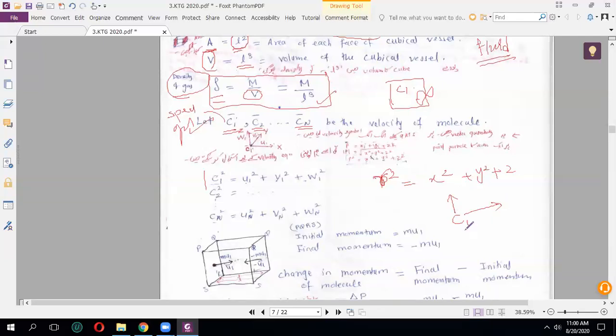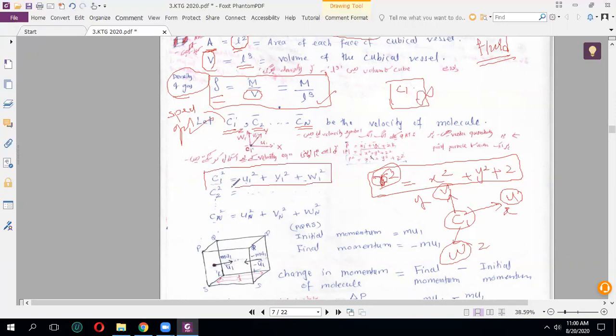The y direction, x direction, and z direction. That is why we use this distance formula. Suppose this r is my C, and each direction is my x-axis, y-axis, and z-axis. Now the x-axis we represent by the symbol u, the y-axis by v, and the z-axis by w.